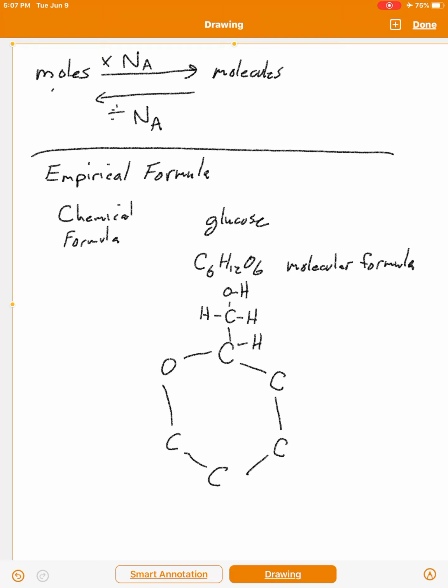And we would find that one of the carbon atoms is bonded to an oxygen and another carbon, and then a CH2OH, and then an H. And that the other carbon atoms are all bonded to an OH and an H.